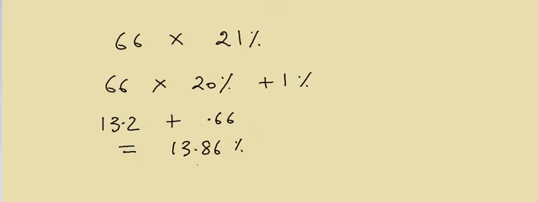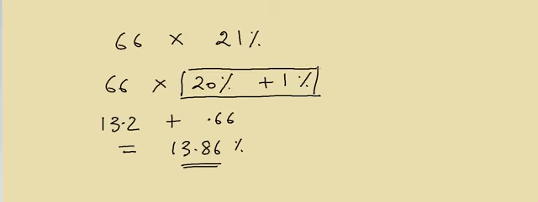Now mind you that right now we are splitting the percentage, right? We don't always have to split the percentages, we can also split the number itself. So let me do it this way. 60 plus 6, into 21%, right?